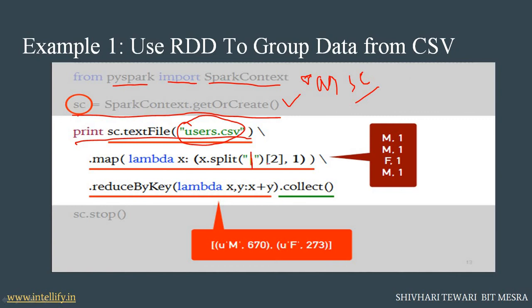Here is the splitting value, and it gives how many splits it wants, 2, 1, meaning it wants the values split into two tables. Then we use reduceByKey with lambda x, y: x plus y, and then we collect the particular value, and then we stop the process. After that process, the output which comes is 670 for male values in the data set, and female values in the data set are 273.